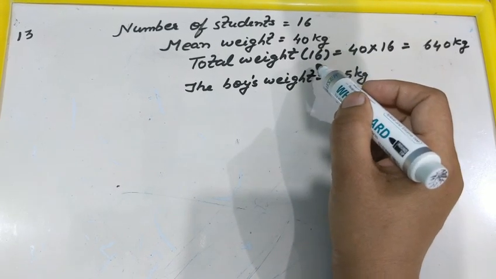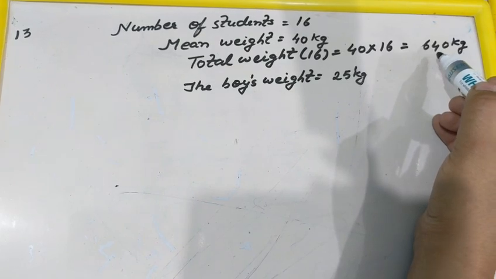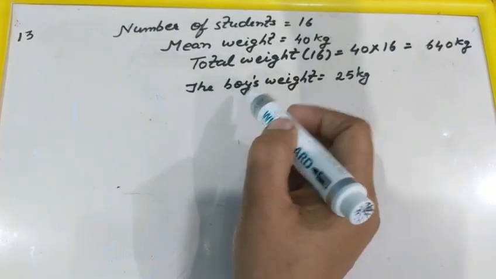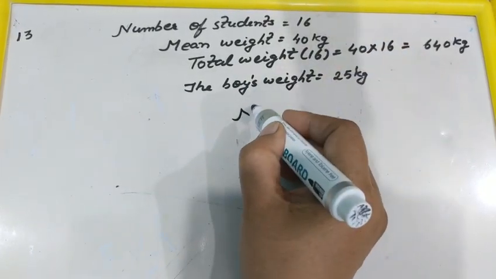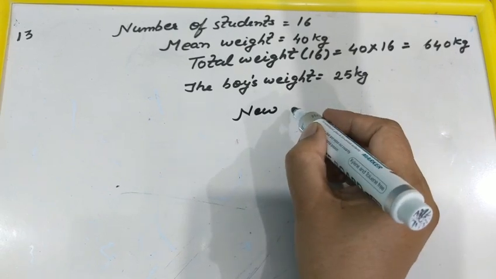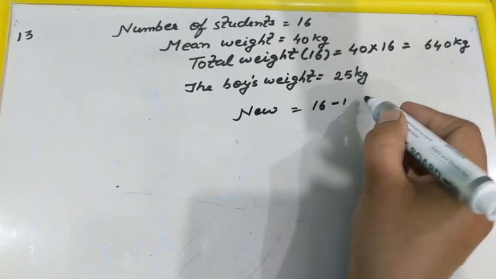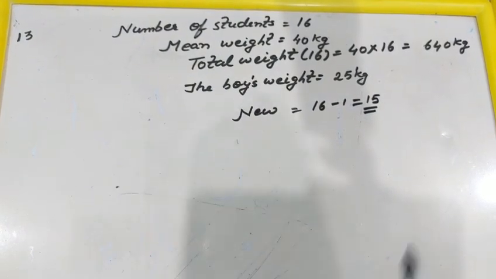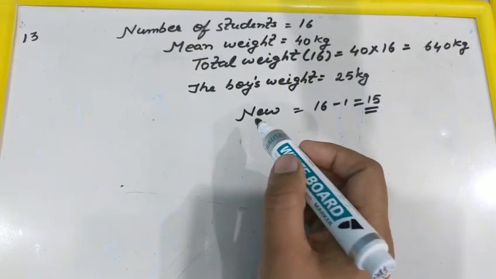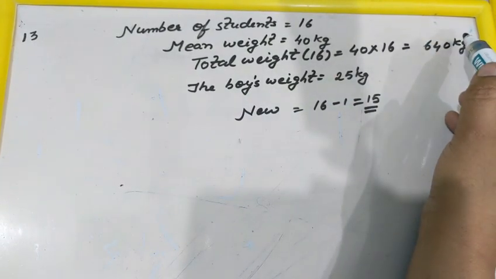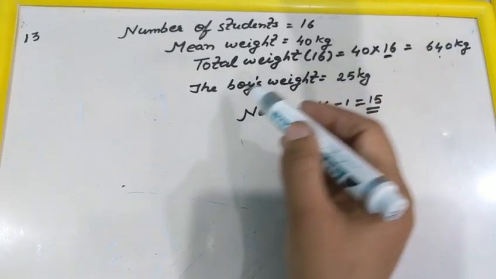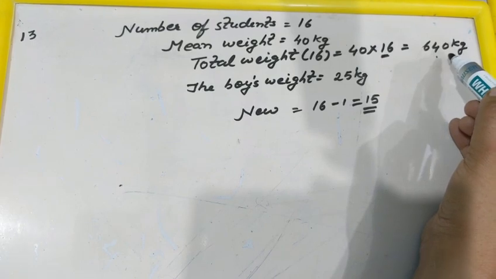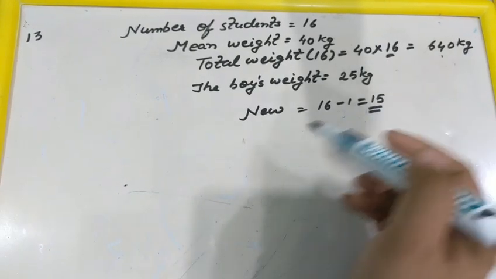Out of 16 students, one boy leaves the class and his weight is 25 kg. When one boy leaves the class, the new number will be one less. So the new number is 16 minus 1, that is 15. Now the new number of observations is 15 and the new weight, how will you calculate? If from the weight of 16 children you subtract the weight of this boy, you will get the total weight of how many students? 15 students.